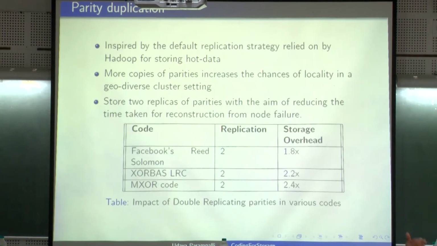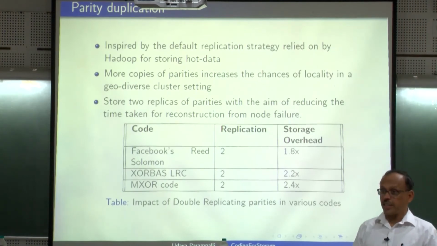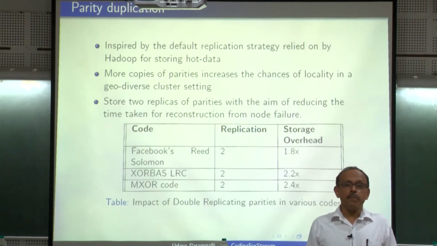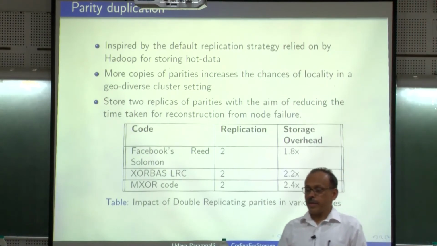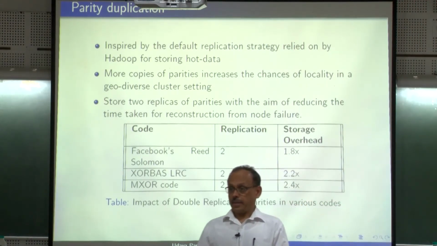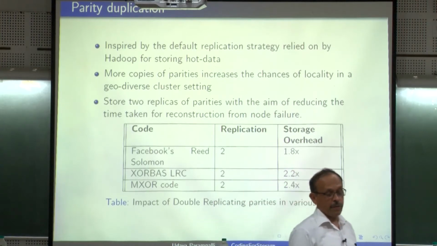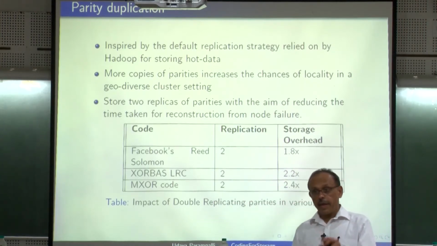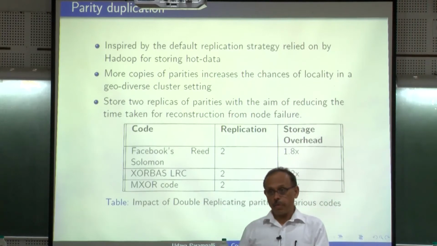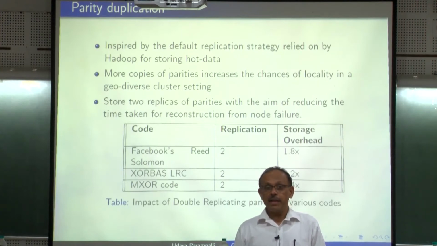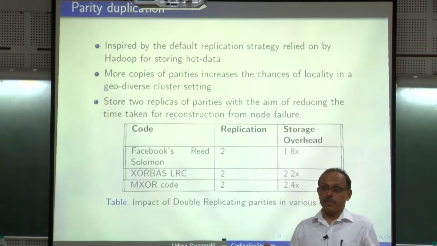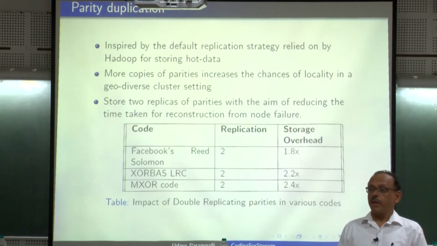Basically we don't want to change whatever Hadoop has, and one of the simplest things we can do to improve performance is adding extra nodes that are parities. For example, in case of repair, invariably a new node will contact those parity nodes, wherever they are, and depending on where the parity is, accessing them adds complexity. Instead, one of the simplest ideas, which other people also thought about, is parity duplication.